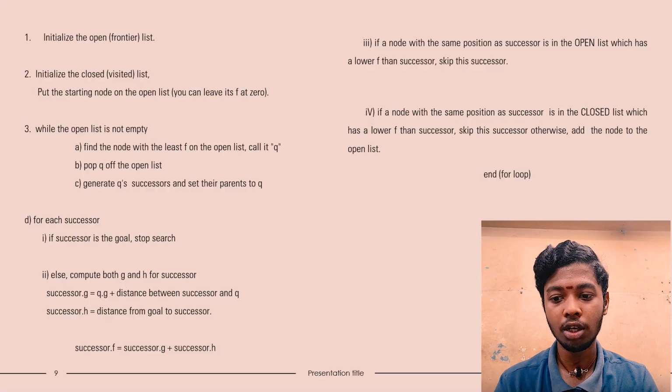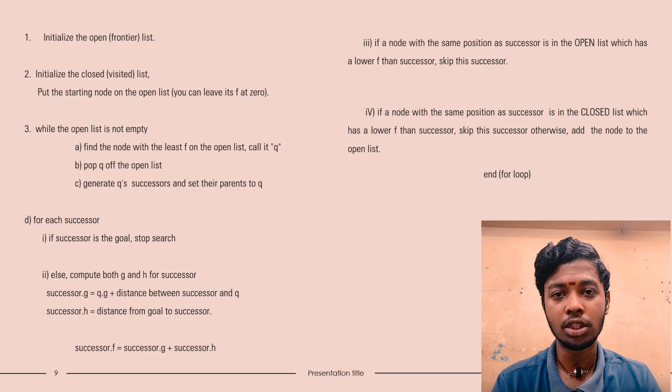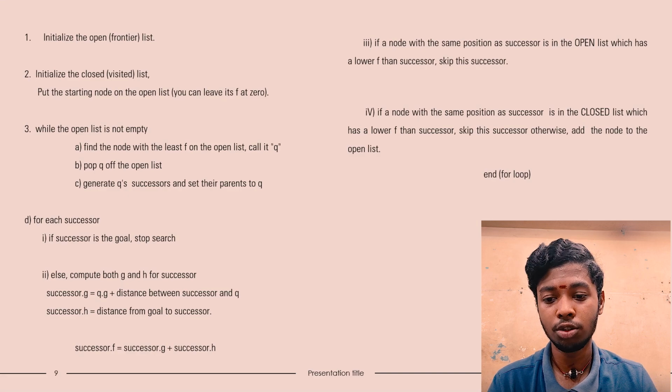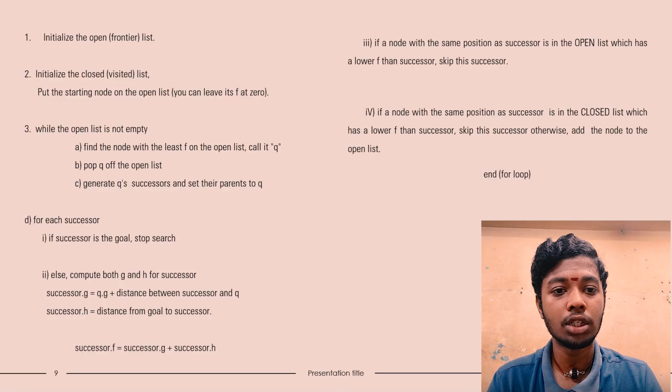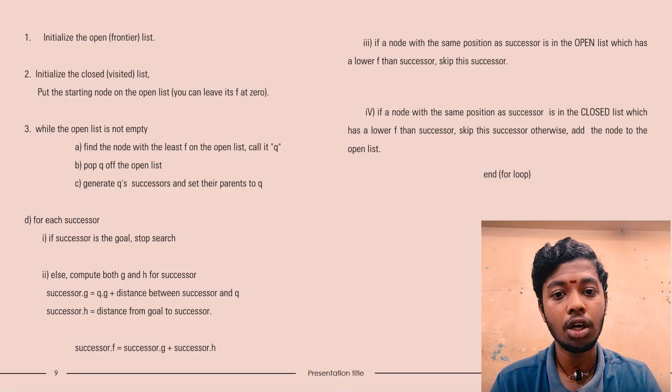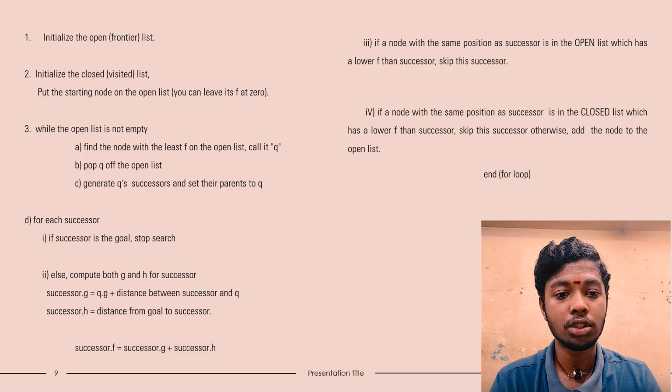Applying the same formula, f of n equals g of n plus h of n, here given as successor.f equals successor.g plus successor.h. If a node with the same position as the successor is in the open list with a lower f than the successor, skip this successor. If a node with the same position is in the closed list with a lower f than the successor, skip this successor. Otherwise, add the node to the open list. Then finally end the for loop.